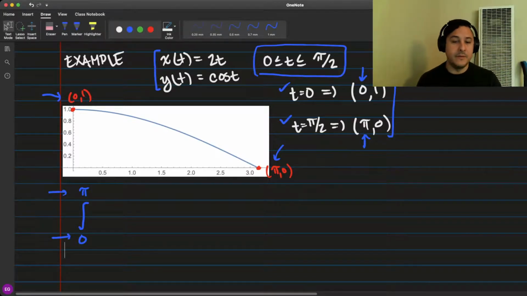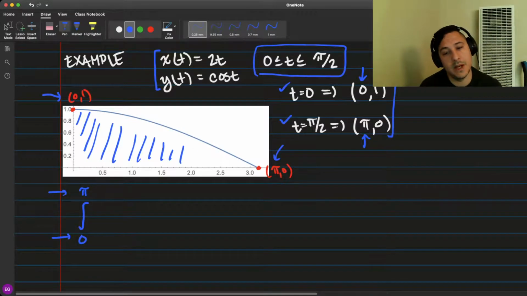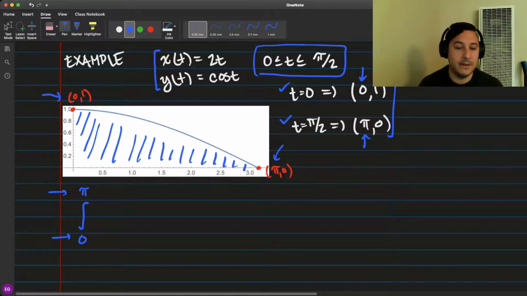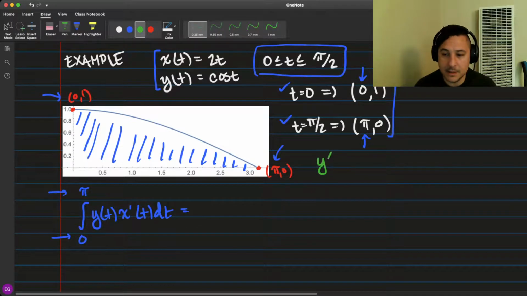Now the formula says to find the area under this, all this area over here, I'm going to integrate y of t times x prime of t dt. So I need to figure out what those are. My y of t is just cosine t.